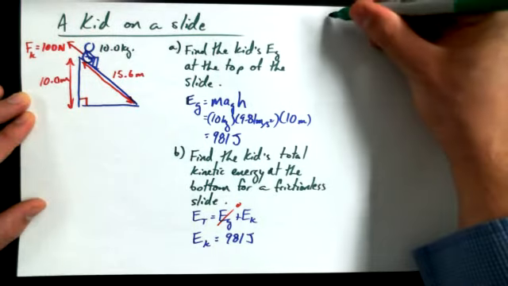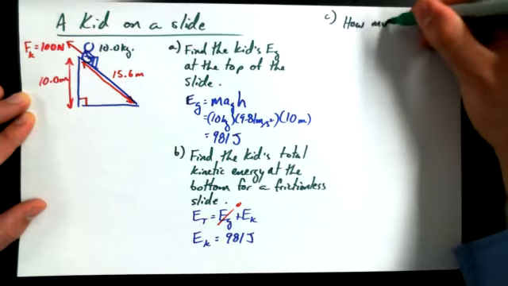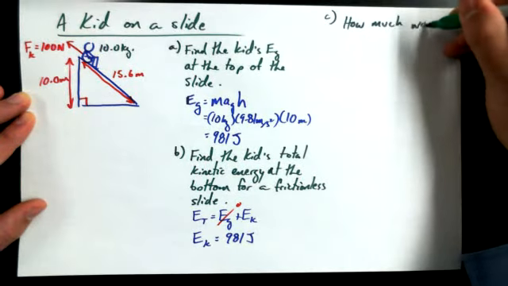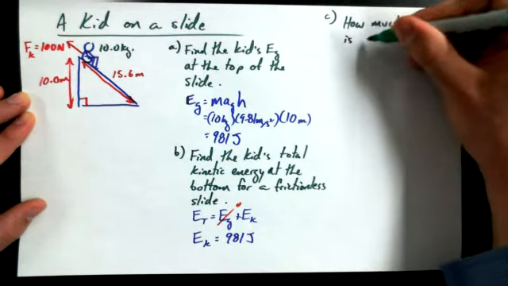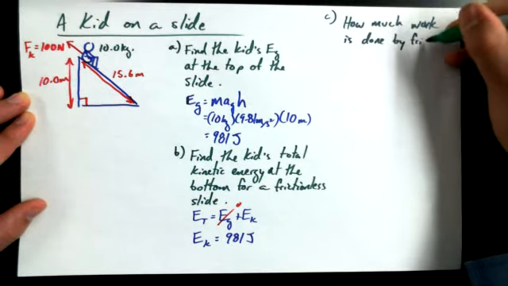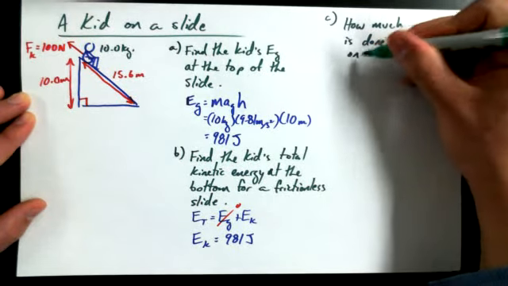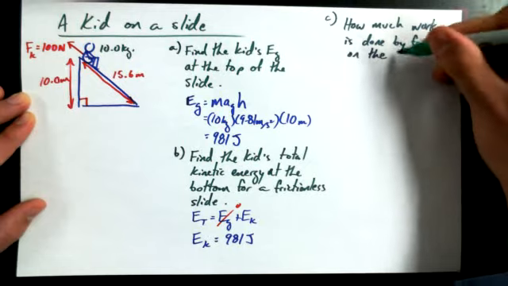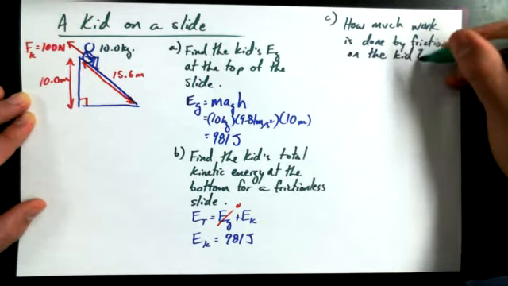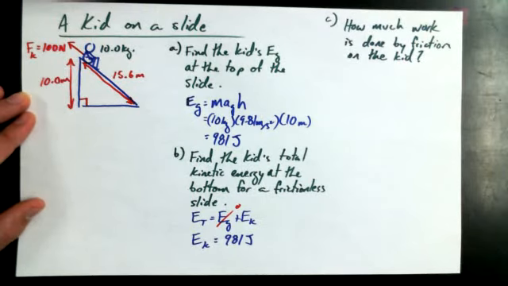So question C, how much work is done by friction on the kid? That is, how much work is done by friction on the kid as the kid slides down this entire slide?